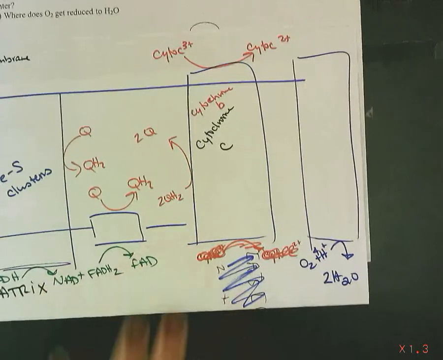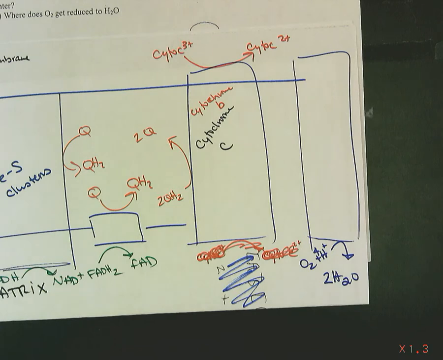All right, so oxygen and 4 protons make 2 waters. No, it should be on the matrix side. Yeah, it's going to pump 4 and then use 4. 4 protons to make 2 waters.